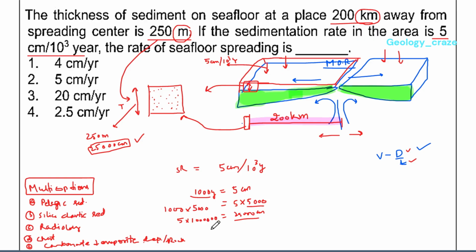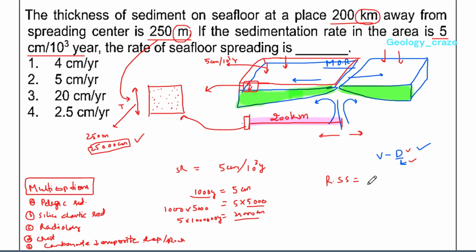Now we are calculating the time to deposit this much. Time we have now. We will use this formula. We have to calculate the rate, this velocity. The rate of sea floor spreading is distance.